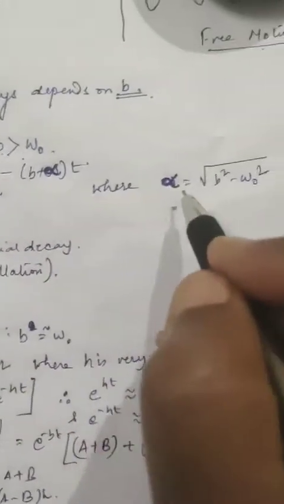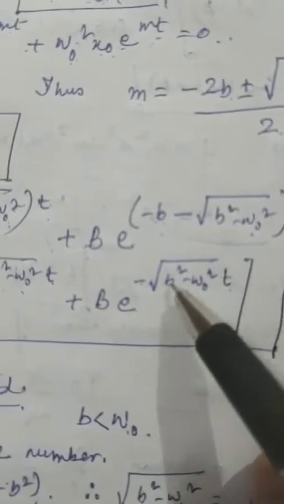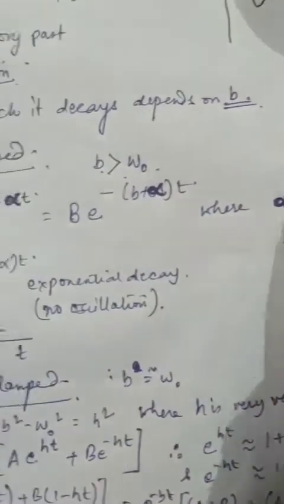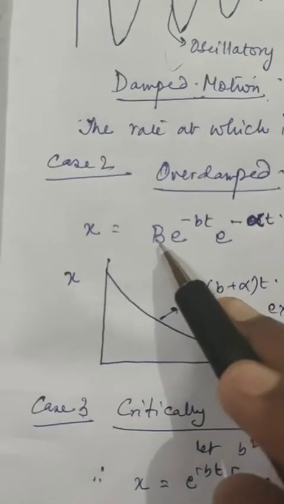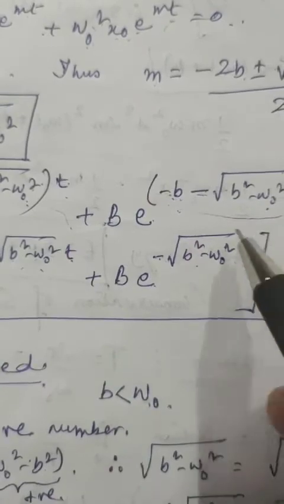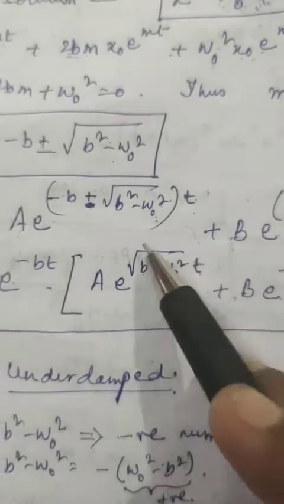So I'll put root over B square minus omega naught square as, let us say, alpha. Only this term will survive, because the other is physically not possible, it will grow with time.